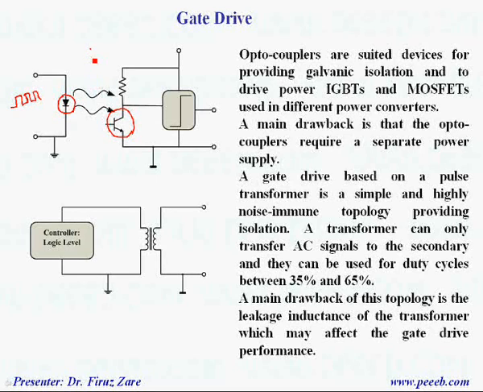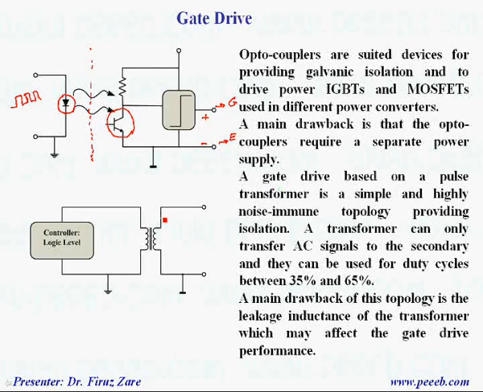So these parts are isolated, and then we can get the signal across the output here, and this voltage is totally isolated from the input side. Then we can apply this one to the gate and this one to the emitter. A drawback is that this one needs a separate power supply.